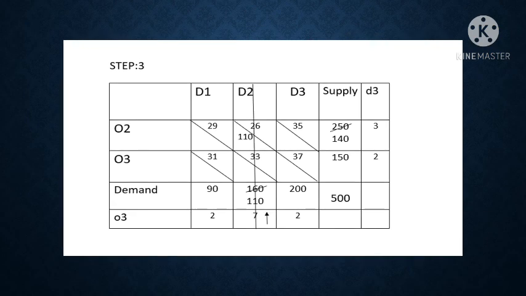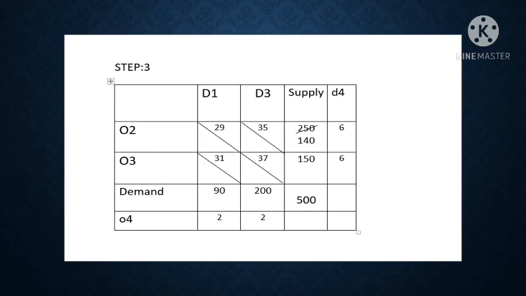So we exhaust that D2 column. Then the transportation table is likewise this, with 29, 35, 31, 37. Here the differences are 6, 6 and 2, 2. 6, 6 is the largest, so we select the minimum number of each row. Here there are 21 and 33, 31. 29 is the least number, so we select 29.